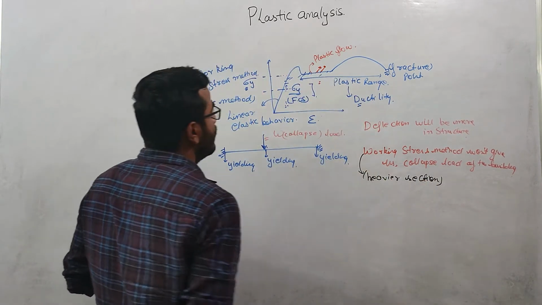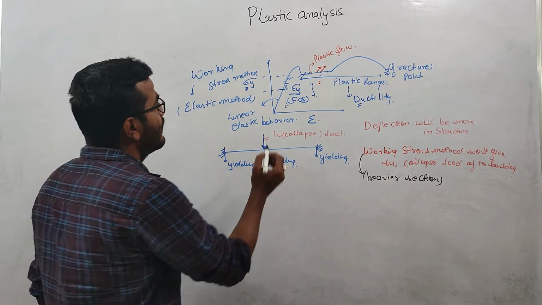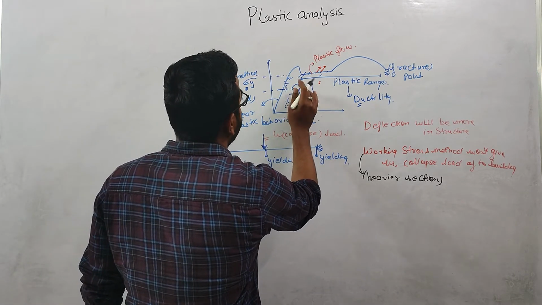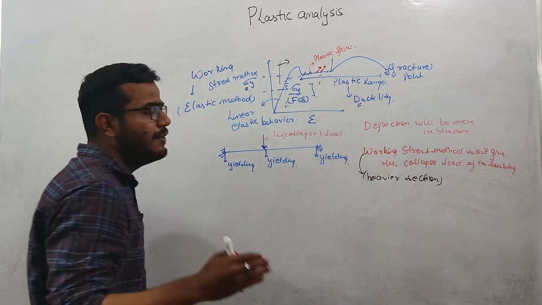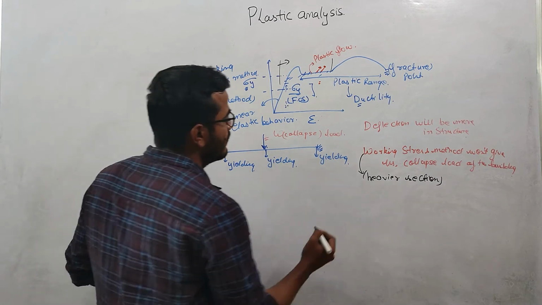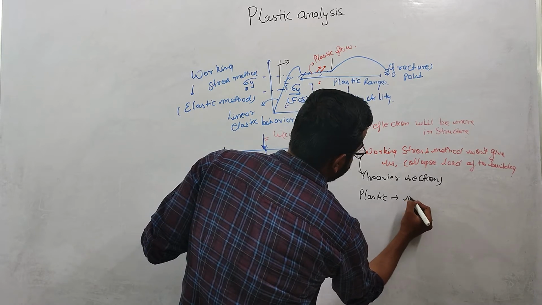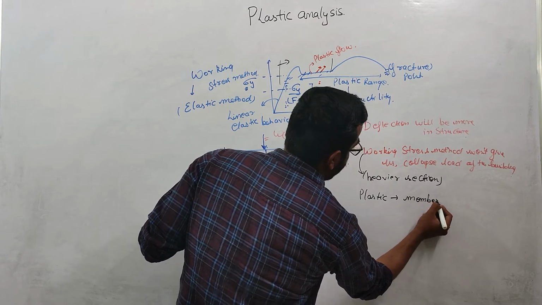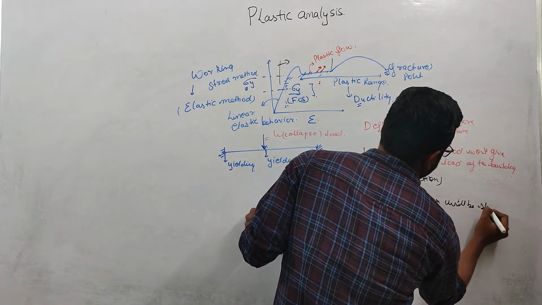But in the plastic analysis, you can see that we are also using this portion, so it will give us some extra strength. So in the plastic method, members will be slender.